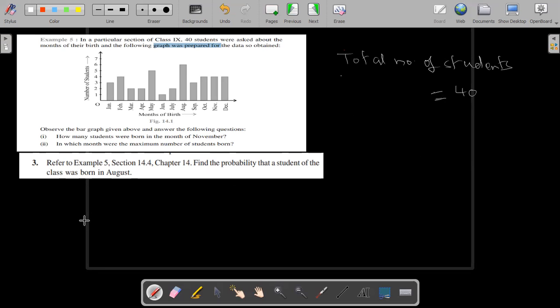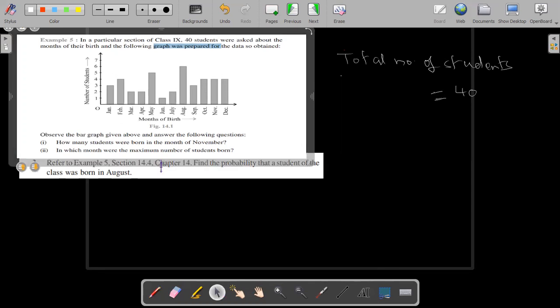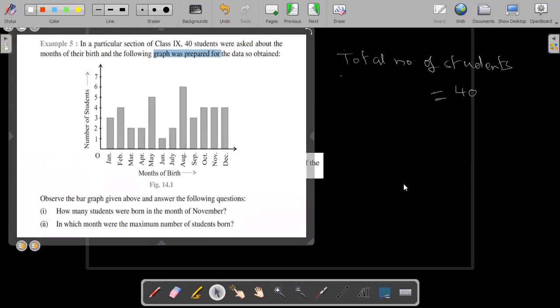Then how many are in the month of August? Let's see properly. The number of students in August is about 6.